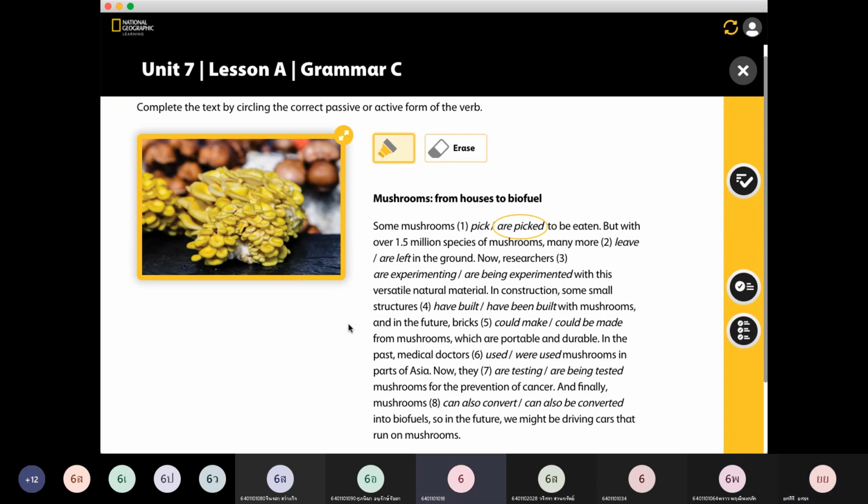Number 2: are left. Number 3: are experimenting.